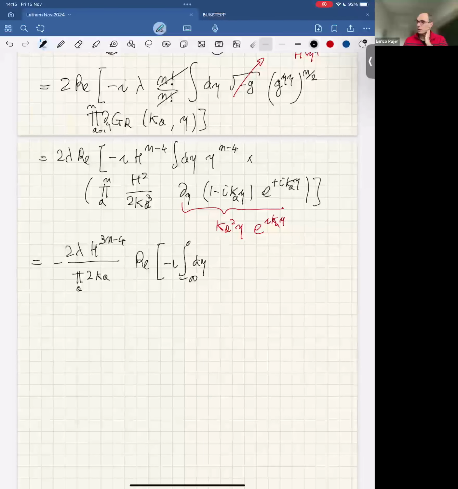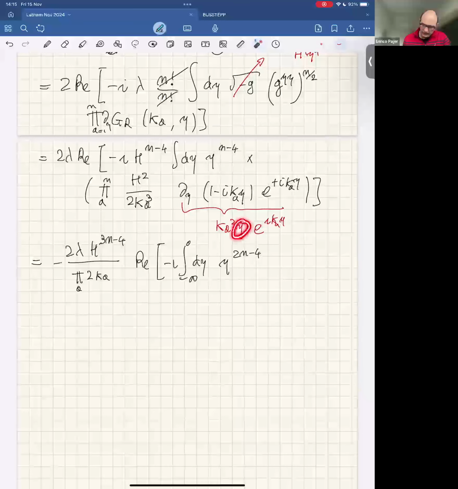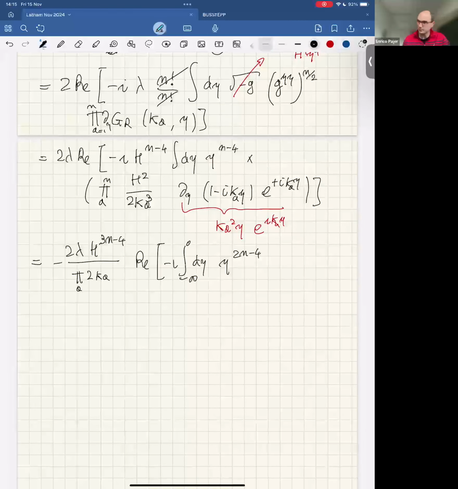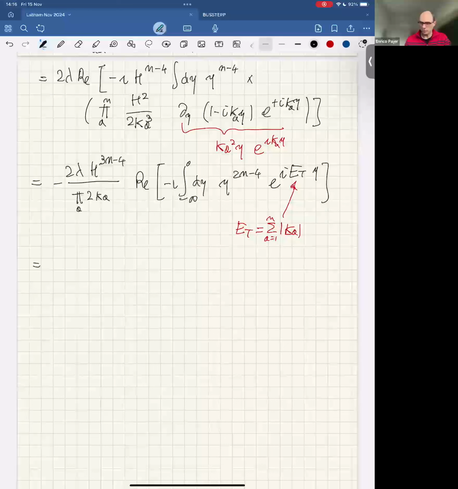Remember, minus infinity gets a little iε, η to the 2n minus 4, because I had n powers of η here, and I have n more here, so that's 2n minus 4. e to the i E_T η, where now, just like before, I introduce this total energy to be the sum of all the k's. And I can perform this integral.